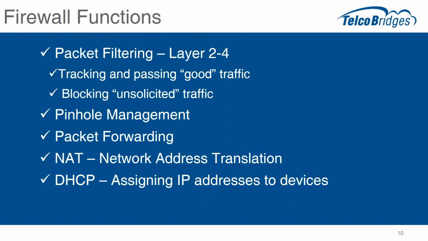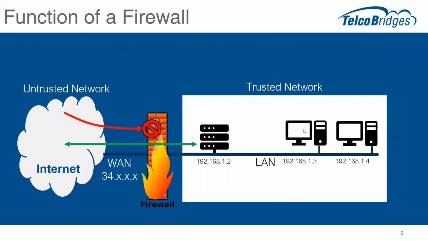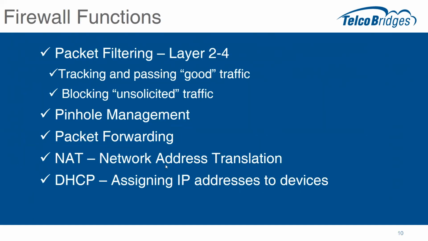And then in some cases, other functions like network address translation, which on the previous slide we kind of skipped over real quick. Let me go back to it. You notice the IP addresses on the devices on the right are local IP addresses. And of course, on the WAN side, the internet side, are the public IP addresses, and compressing or hiding all those IP addresses on the right is one of its responsibilities.